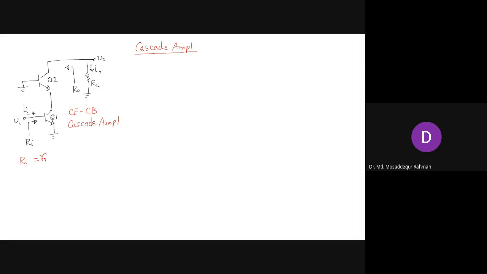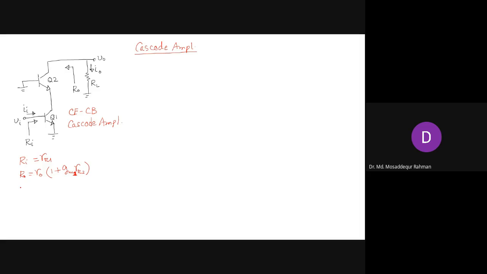Ri was just R pi 1, and the output resistance R naught was small r naught 2 times 1 plus Gm2 R pi 2. Oh, Gm2 R pi 2, sorry.